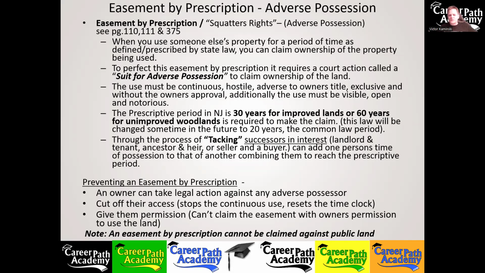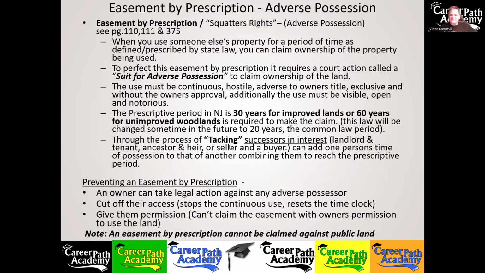Common law is law that's common in all the states. So they're going to go with that common law period. Many other states specifically undid the common law and went with their own laws, but they didn't do that here. So they're going to do that someday.